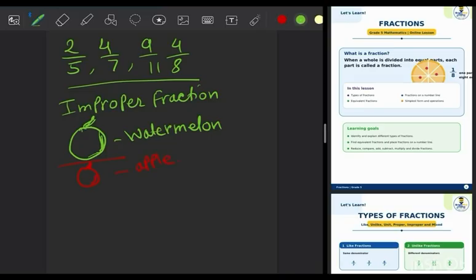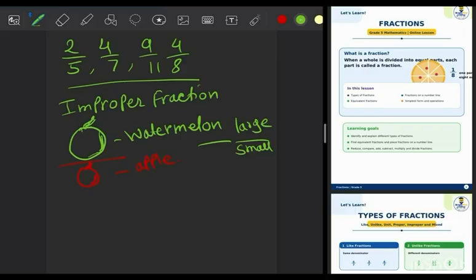The watermelon is large and the apple is small. So on top is the large watermelon and on the bottom a small apple.